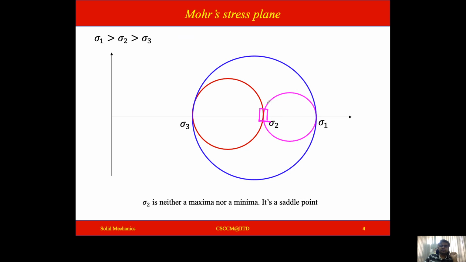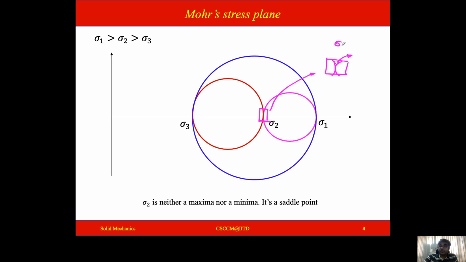So if you take this circle, which is not a circle, a square. Let us take this square, and you will find that you have a line such as this, and you have a line such as this. If you take the points within this stress plane, there are sigmas.